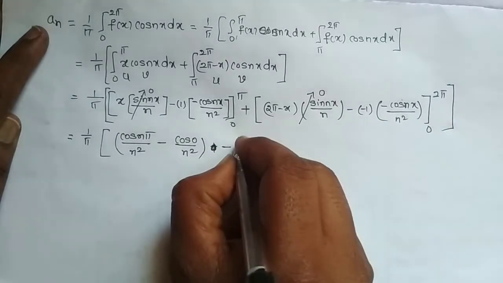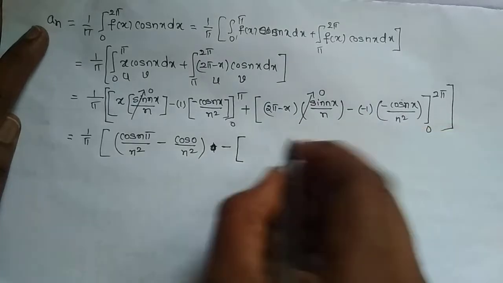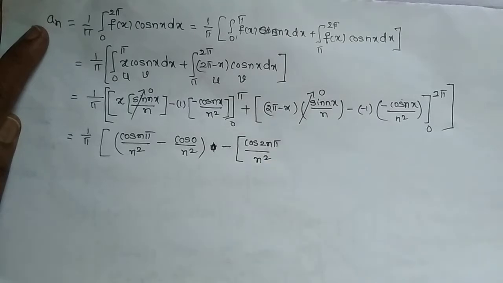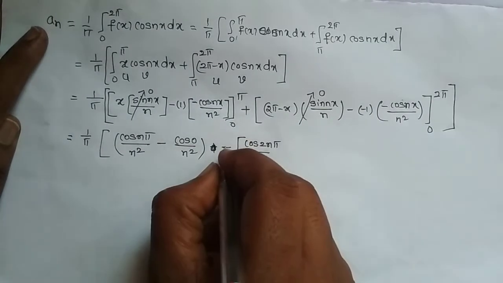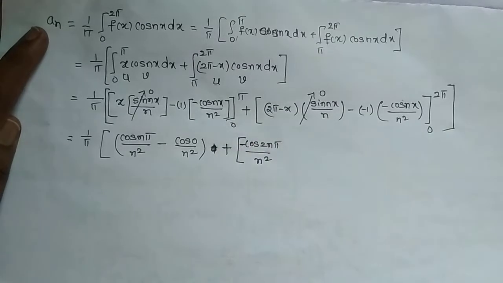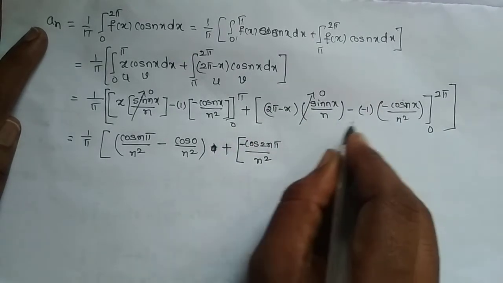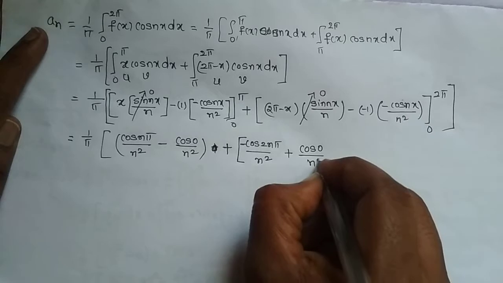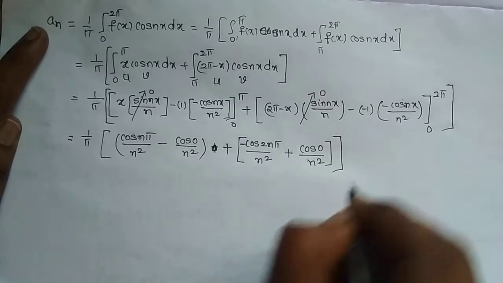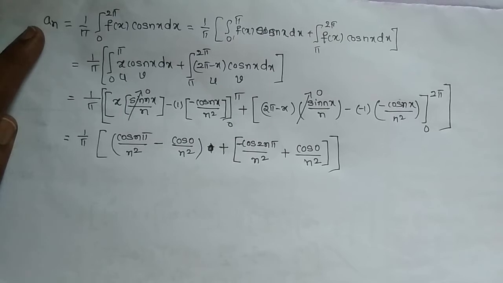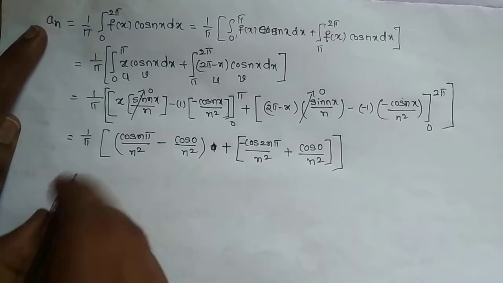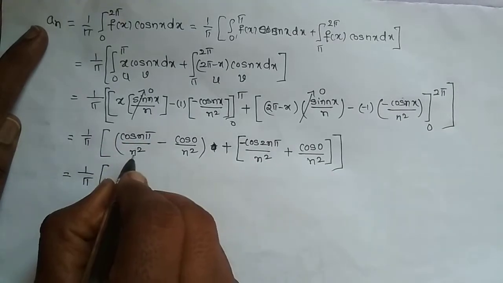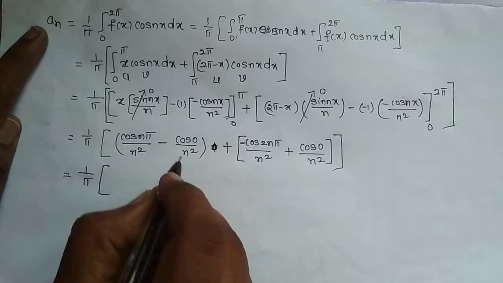So this is minus cos 2n pi by n square. I can maintain the plus as it is, here minus. So next is minus of minus plus cos 0 by n square. First limit as well as second limit. So now the simplification: 1 by pi into cos n pi is minus 1 whole to the power of n, and 1 by n square is common for all the terms.